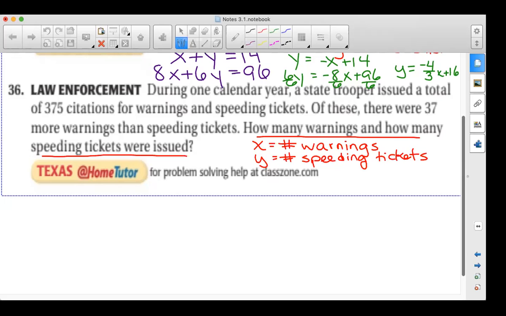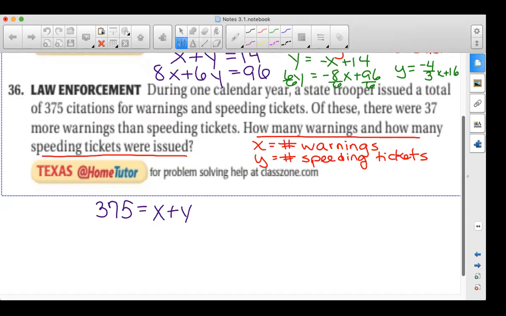Lacey, how could we write an equation for that first sentence? 375 equals X plus Y. Yeah. That's my total of the two types of tickets this state trooper issued in a whole year. It's not a month, but a year, 375 total citations for warnings and speeding tickets.